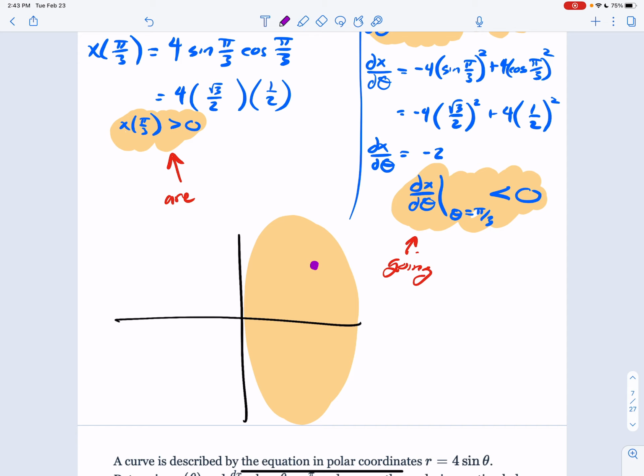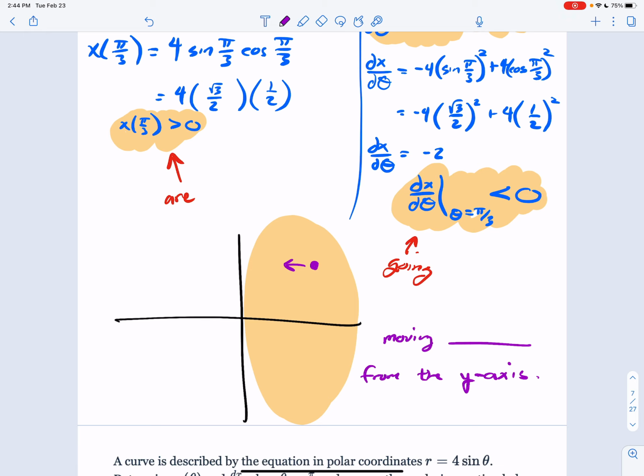And since dx/dθ is negative, that means that x is decreasing. So that means you're moving towards the left. Okay, so what does that imply? The implications are it's moving blank. In this case, we have to refer to the y-axis. Okay.